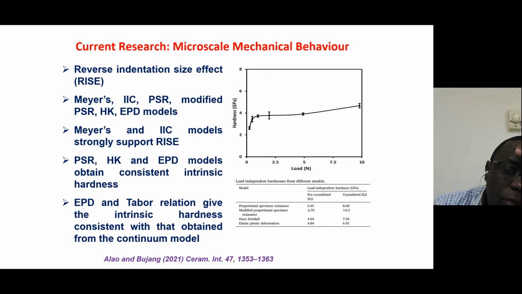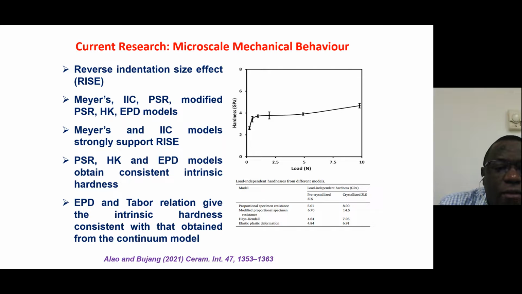When you take log of both sides, you are going to get this Meyer's index. If the Meyer's index is less than 2, that is showing that normal indentation size effect occurs. If it is greater than 2, that means reverse indentation size effect takes place.